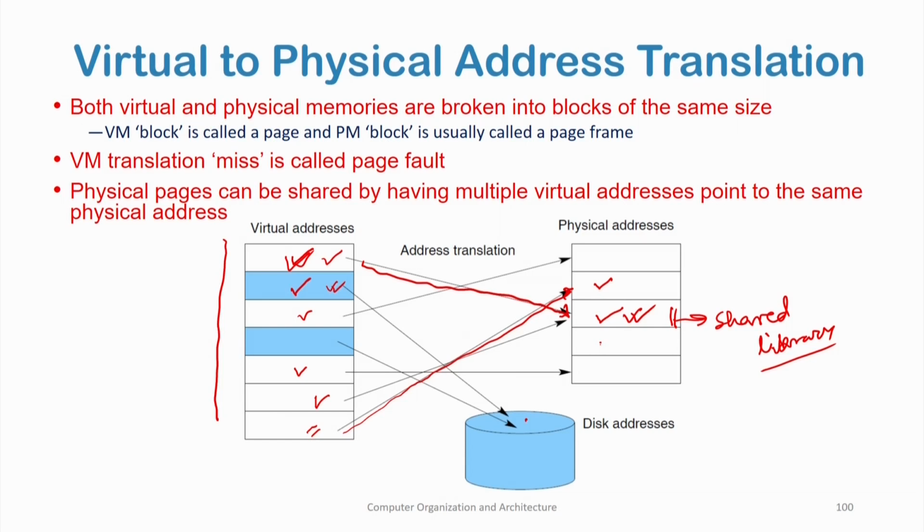When both these pages point to the same shared library code, this can be done by having these two pages point to the same page frame here in main memory. So, physical pages can be shared by having multiple virtual addresses point to the same physical address.